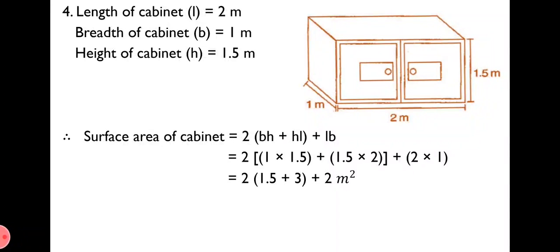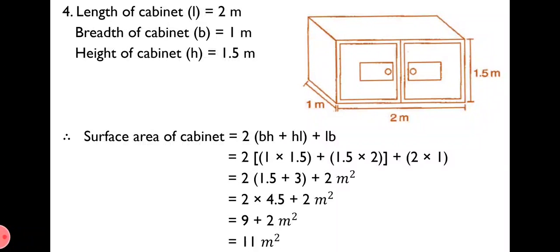Further solving, we get 2 into 4.5 plus 2 meter square, that is 9 plus 2 meter square, that is equal to 11 meter square. Hence the surface area of the cabinet which Ruxar painted is 11 meter square.